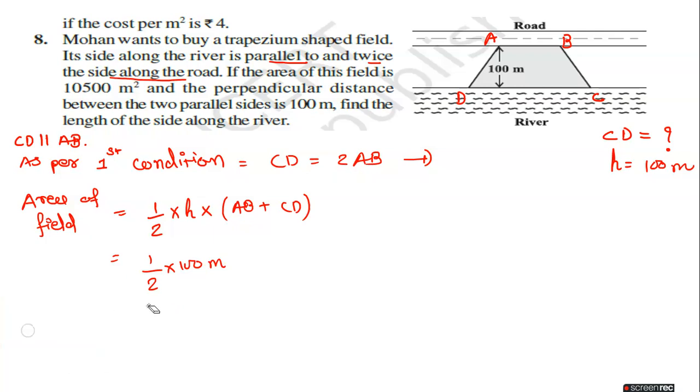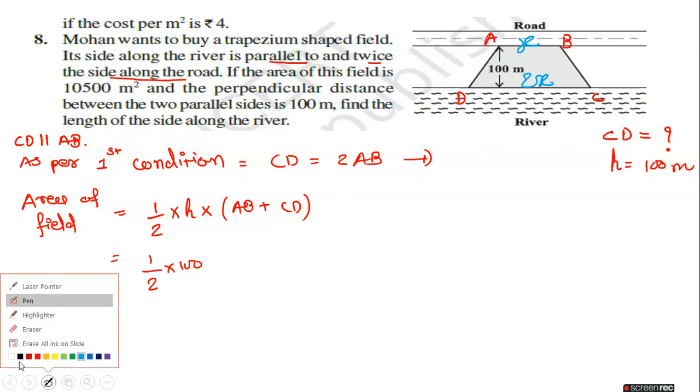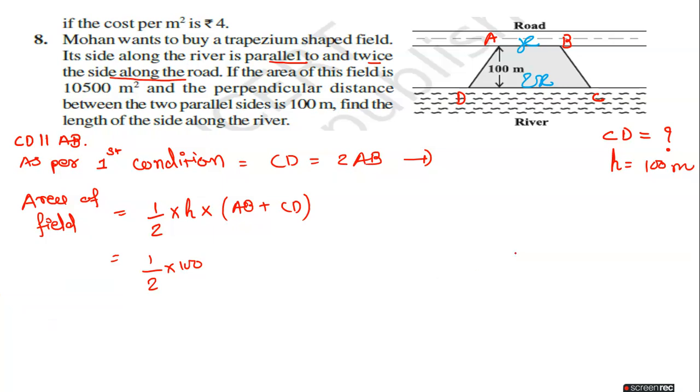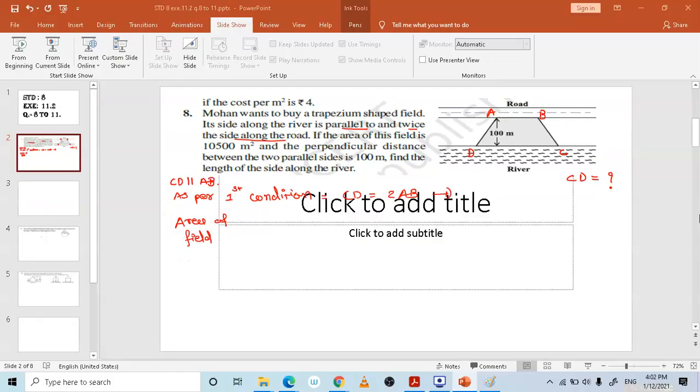You can write x, so this is 2x. Let me write AB is equal to x, so that it will be easy for you because you are habituated to write in this pattern. AB is equal to x meter as well as CD is equal to 2x meter.